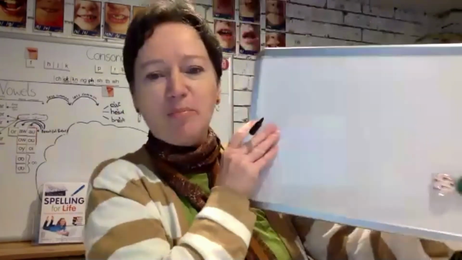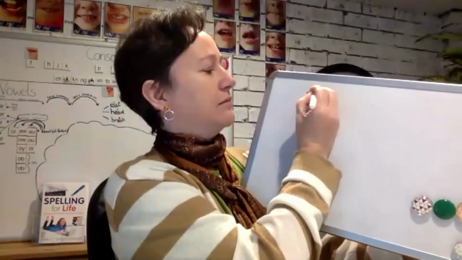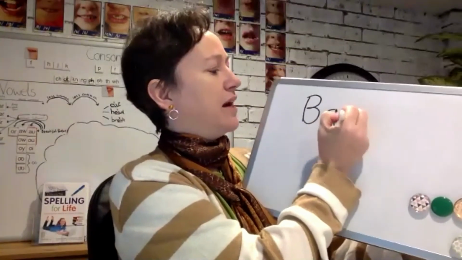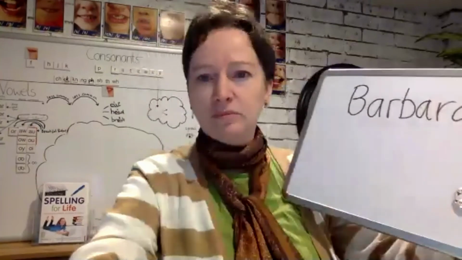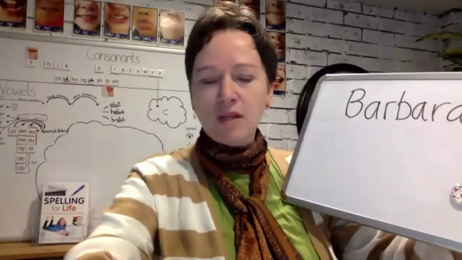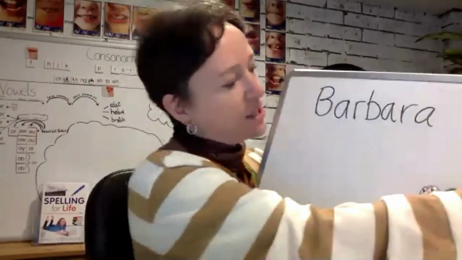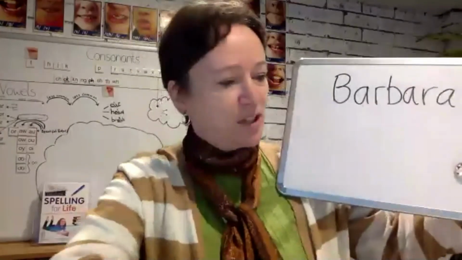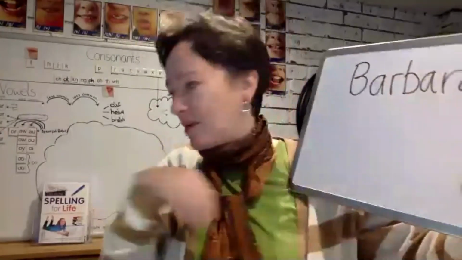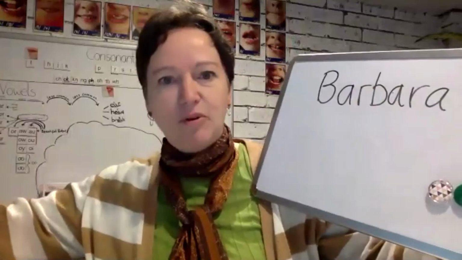So we've got Barbara. Now, we live in a world without vowels. I like doing this with students. When we start talking about this, it's really good to get students to come up and actually erase the vowels from their names.